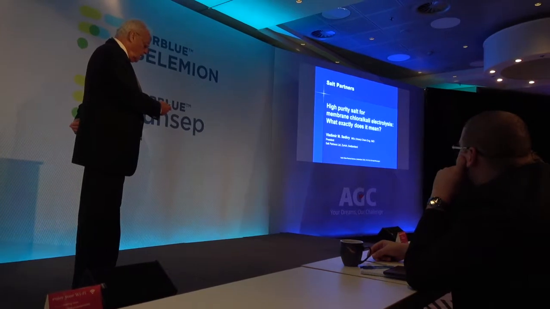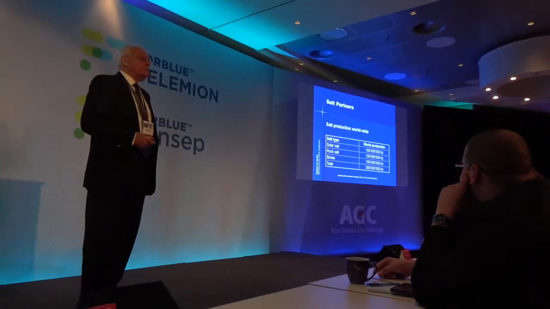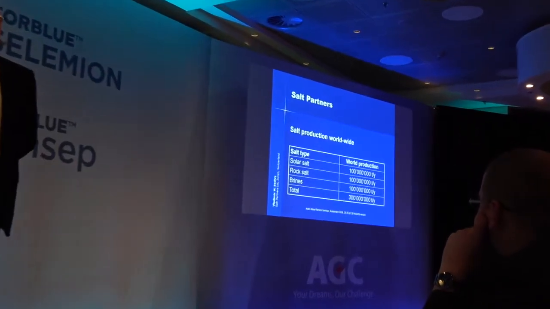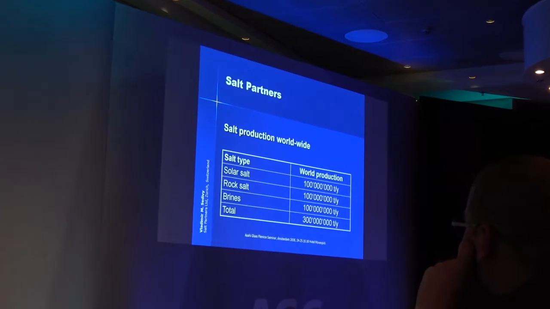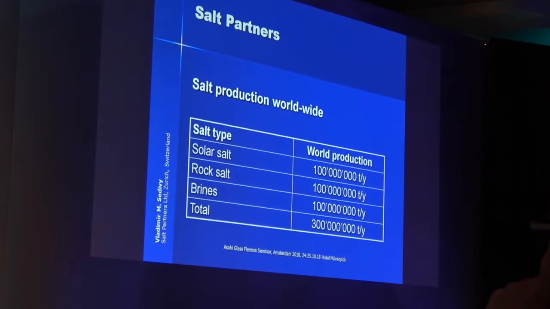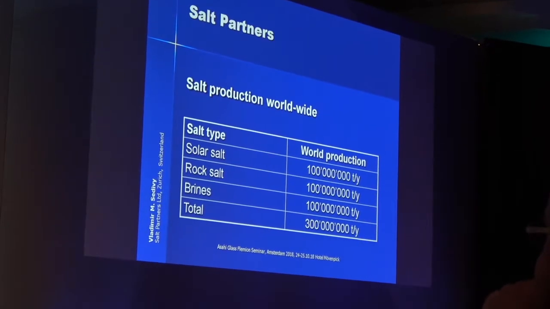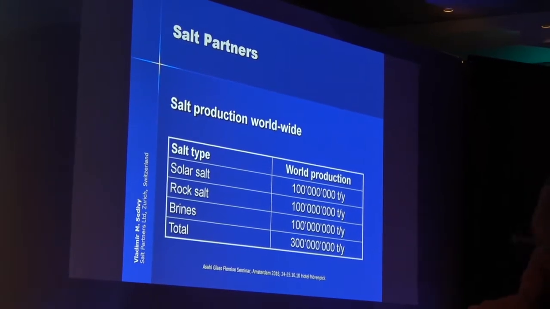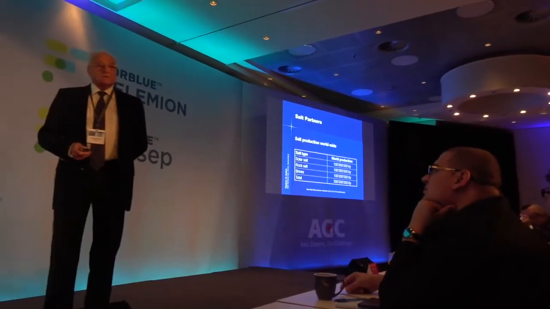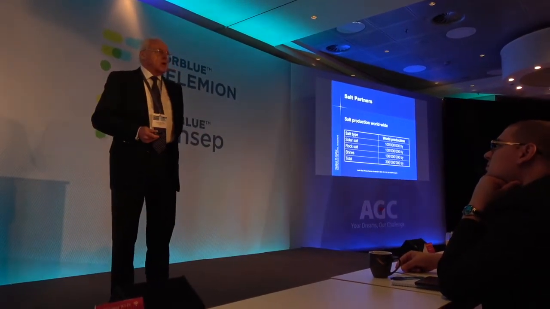So what do we have? How is the quantity of the salt that we are actually getting out of the earth and producing for use? It's roughly around 300 million tons a year, and it is divided approximately equally between solar salt, rock salt, and brines.